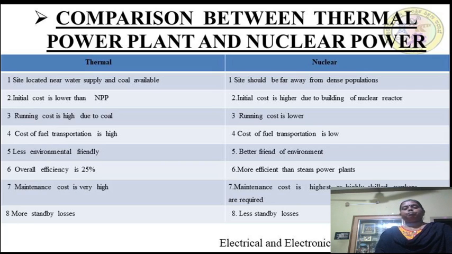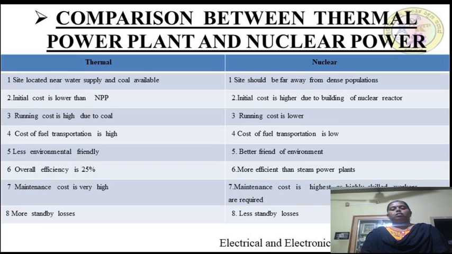Fourth one, cost of fuel transportation is high. In the nuclear, cost of fuel transportation is low. Fifth, less environmental friendly. Nuclear, better friend of environment.